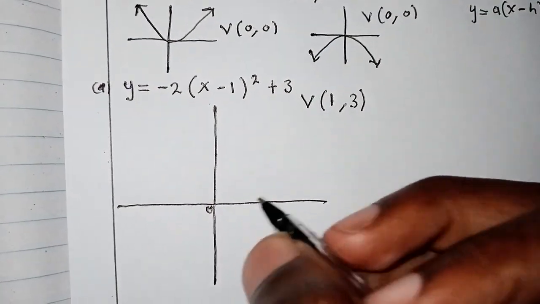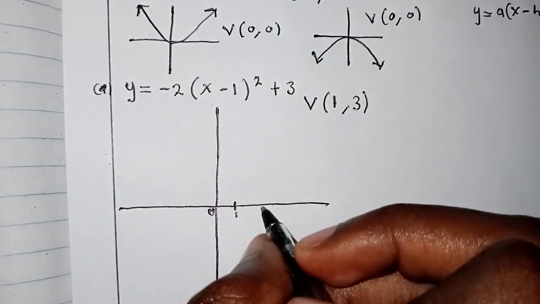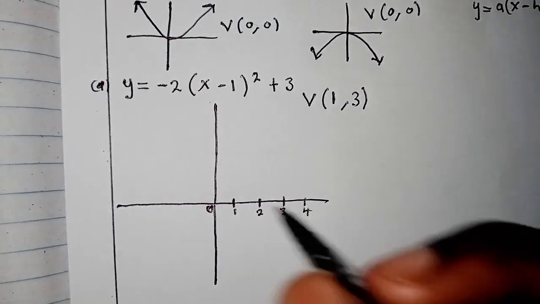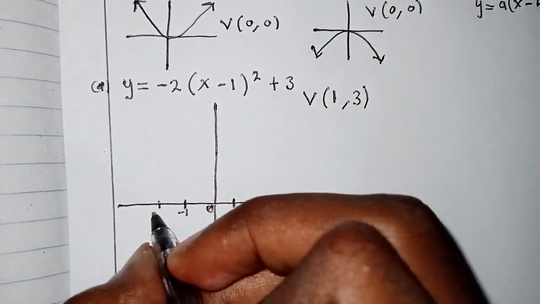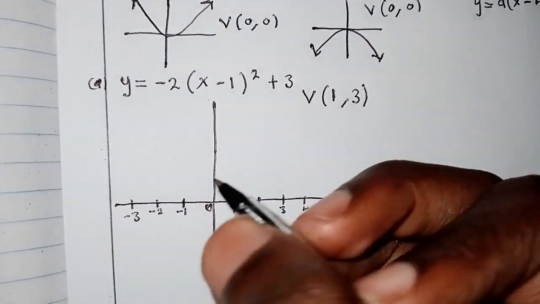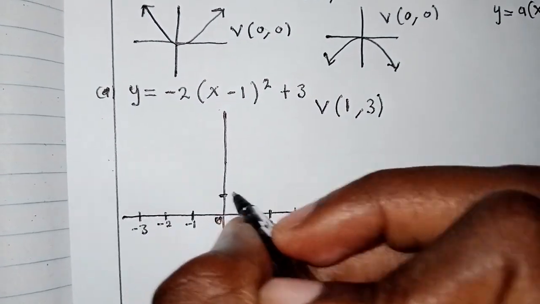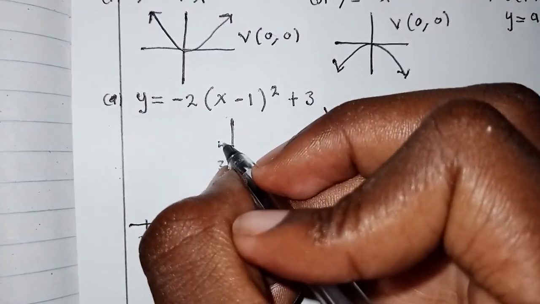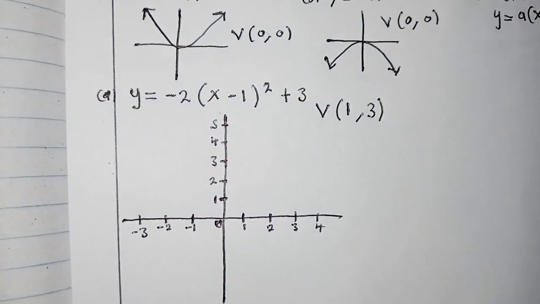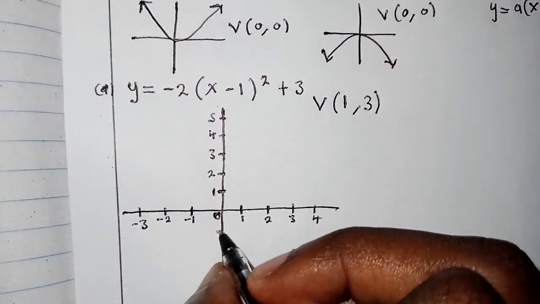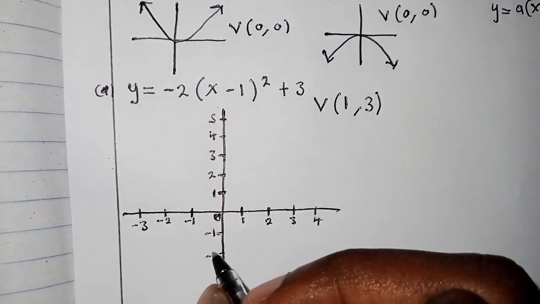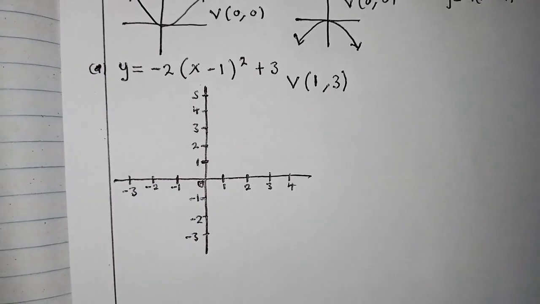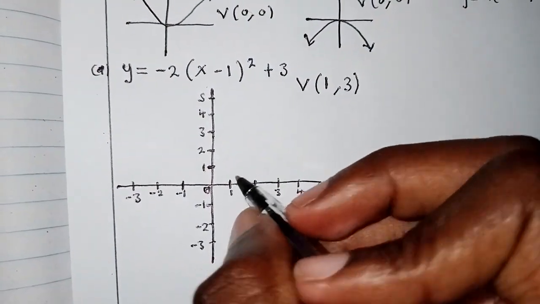So this is 0, and of course this is 1, 2, 3, 4, 5, and negative 1, negative 2, negative 3. The first thing to do is to plot our vertex. So it's going to be 1, 3. It's here.